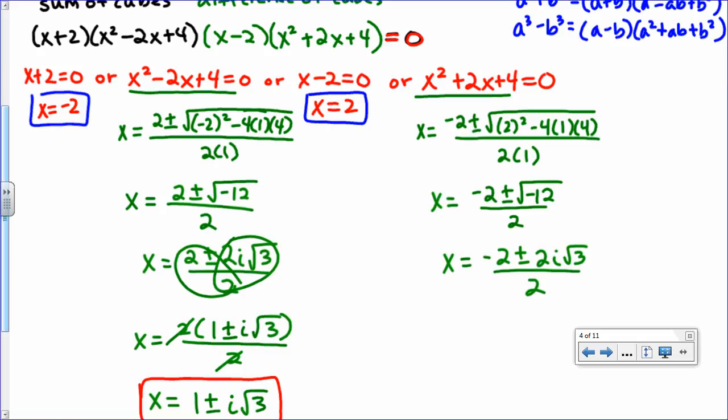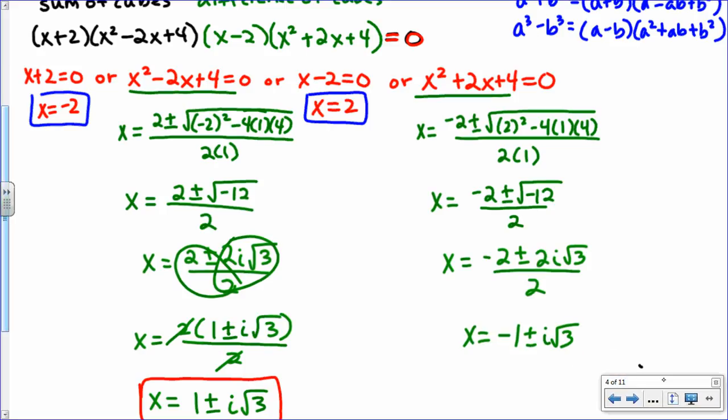All the 2's will cancel. And this time you get negative 1 plus or minus i square root of 3. And there's your 6 solutions. You don't have to write them all together. Just make sure they're circled or something so I can find them.